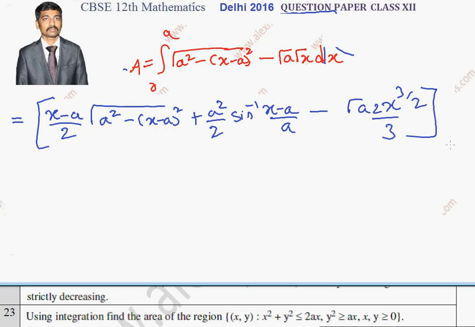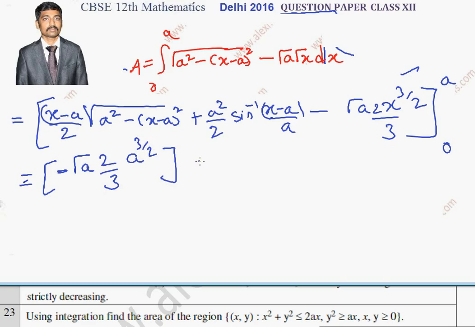And it's easy to substitute the limits because the first part is 0 when I substitute a, because this entire term will become 0. Then this will become 0 again. I will be left with only this term, that is root a into 2 by 3 into a power 3 by 2 with minus sign. Upper limit minus lower limit: when I substitute, this part will become 0 because when I put 0 here, this will go off. So a square minus a square is 0.